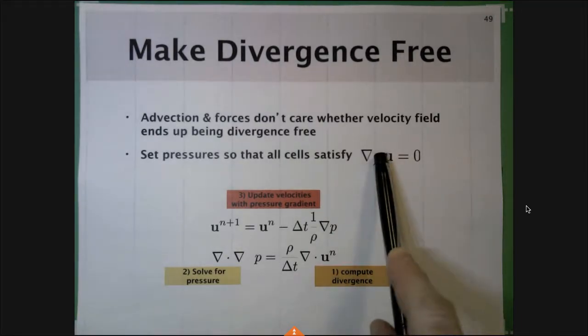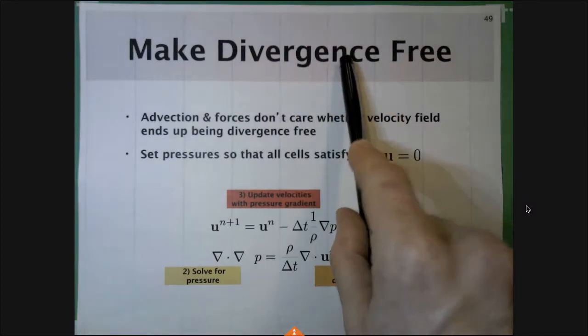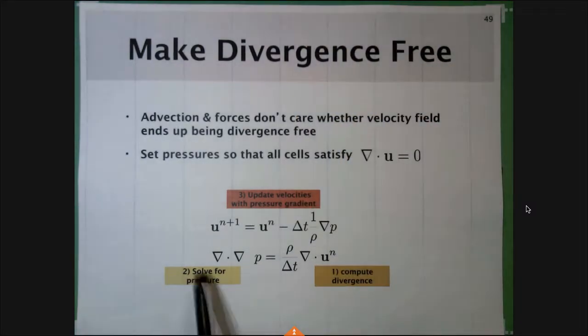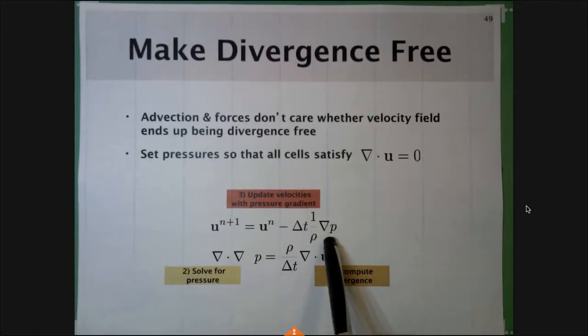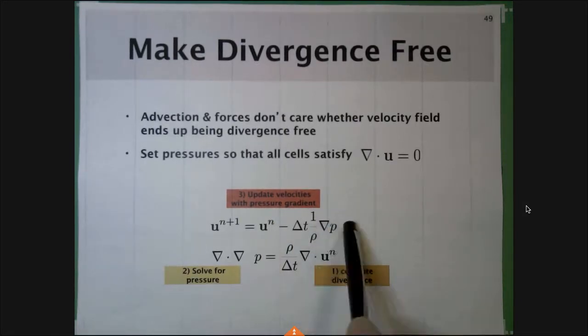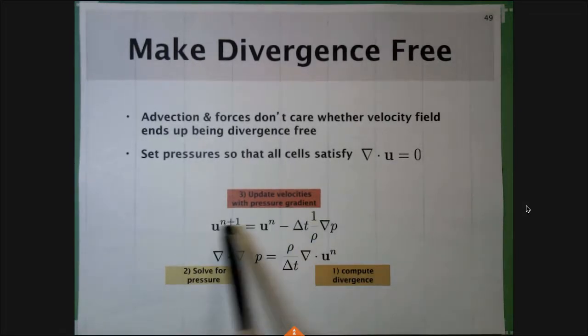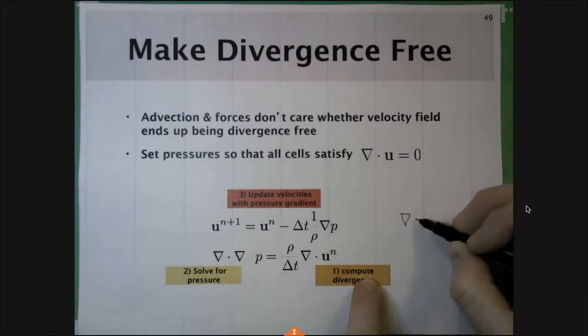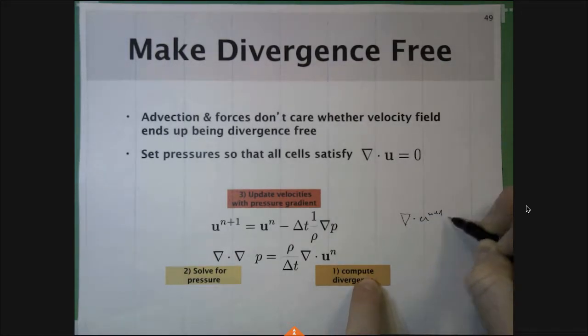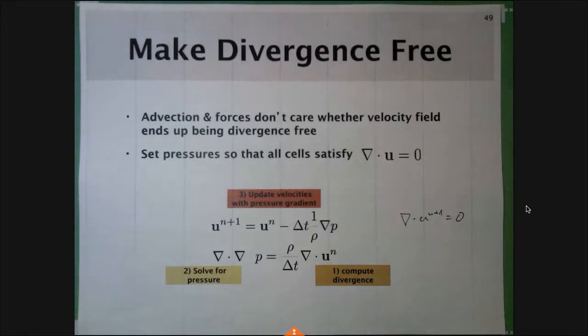So what you need to do in this last step is to solve for pressure while taking into account boundary conditions, such that after you apply the pressure update, you get a divergence-free velocity field. Divergence-free meaning this: u^(n+1), the divergence of that will be 0.